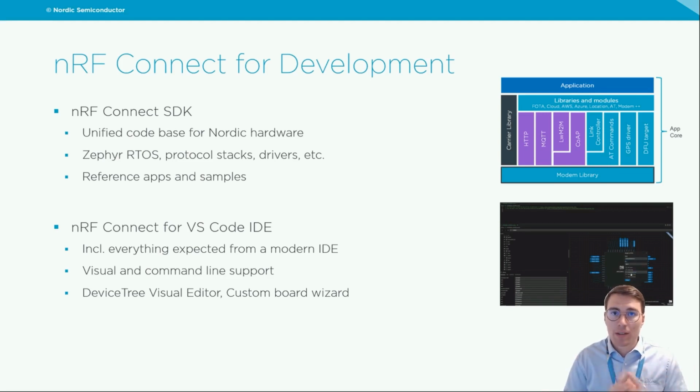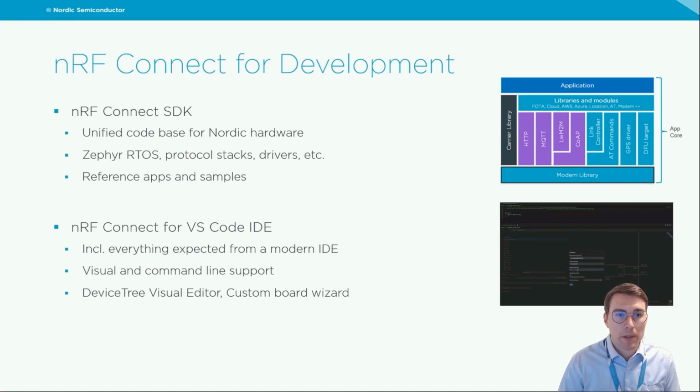So you can select which GPIOs to use for what in a very easy to use way. And it of course includes everything that you expect from a modern IDE. You have all your debugging programming features there. You can do everything visually or through command line. So both are supported, as well as many new features incoming in the future here.